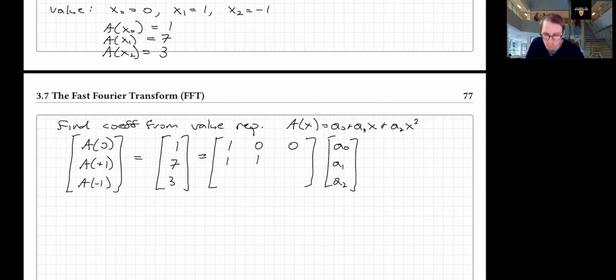So this is 1. And then the x squared term is also going to be a 1. When I plug in minus 1, the coefficient that multiplies a0 is again a 1. The coefficient that multiplies a1 is a minus 1. And the coefficient that multiplies a2 is a 1.